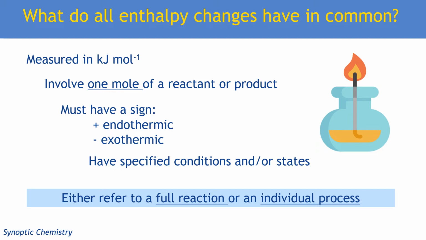And the other thing that maybe people don't realize is that enthalpy changes will either refer to a full chemical reaction, so the kind of thing that we could measure in a laboratory, something where we could put some reactants together and measure the actual enthalpy change, or enthalpy changes can refer to individual processes, just small parts of things that happen as part of a chemical reaction, but they don't represent an entire change from reactants to products.